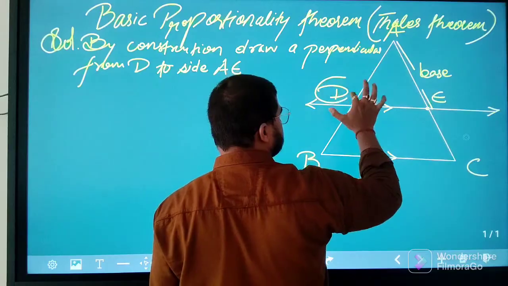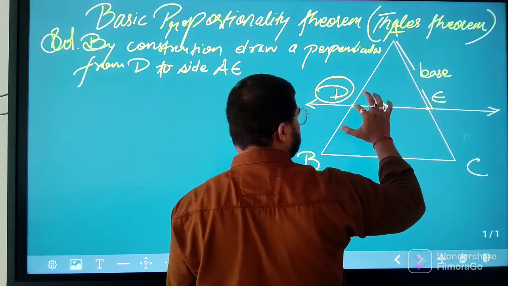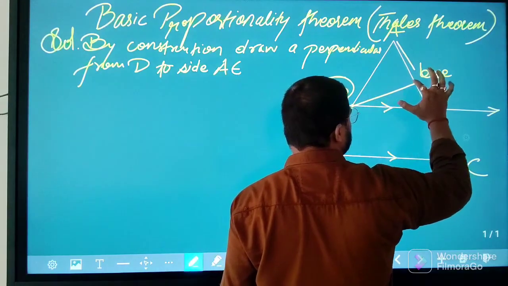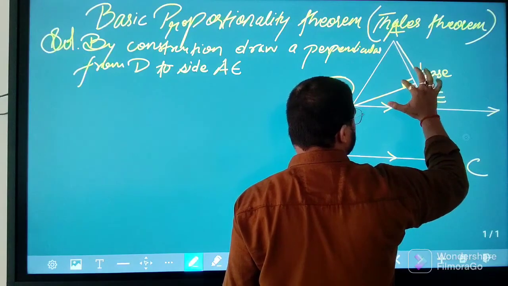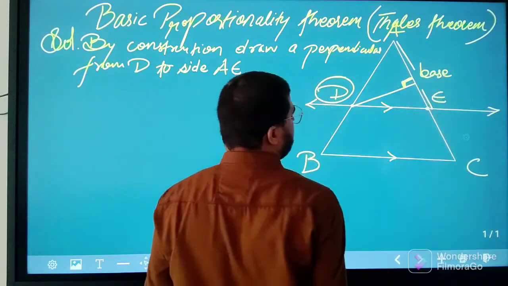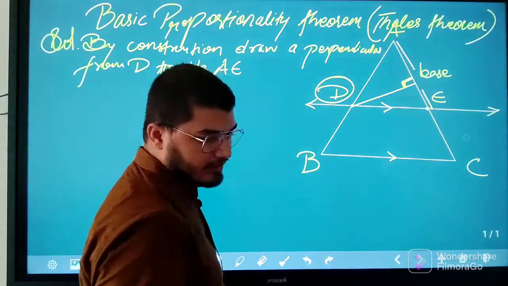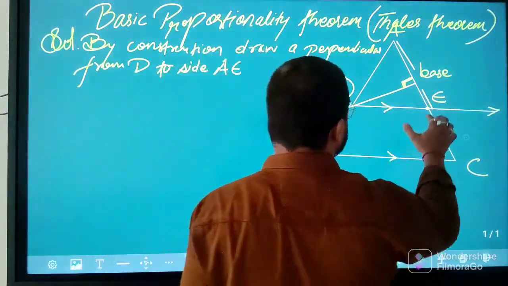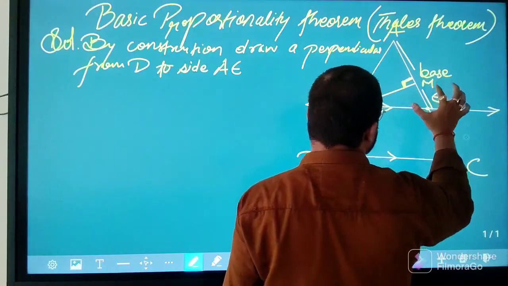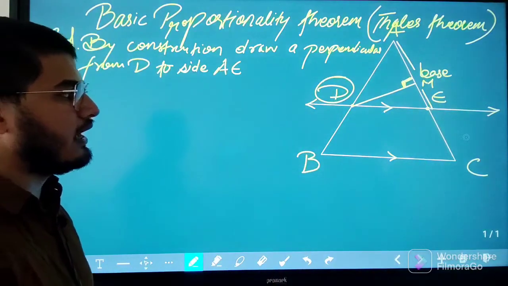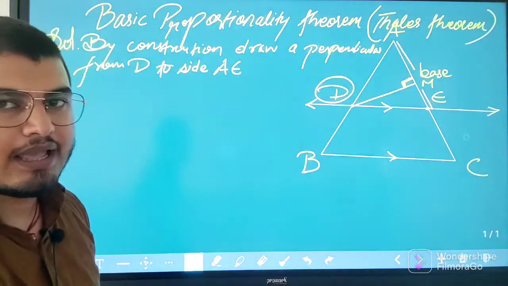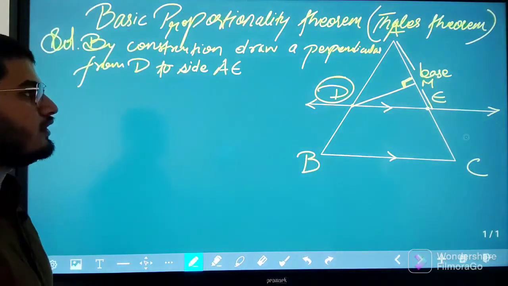So the vertex which is opposite to the base is D. So from here we will draw a perpendicular. And the name of that perpendicular, let us say it as M. It is meeting the line AE at point M. So DM is one of the perpendiculars.